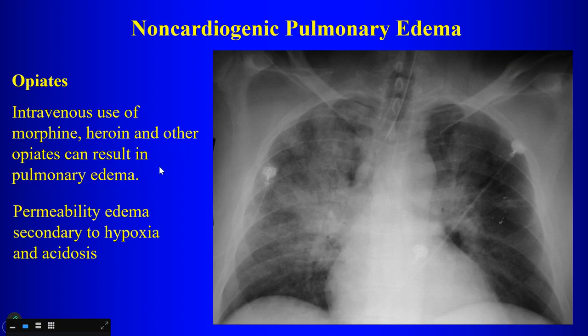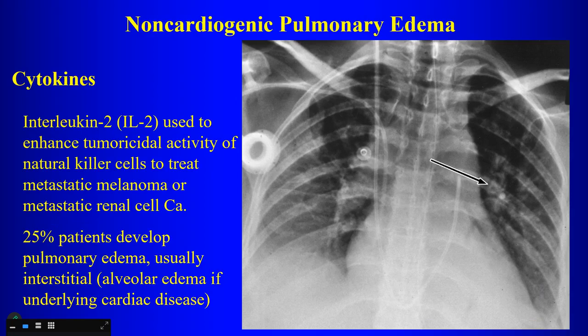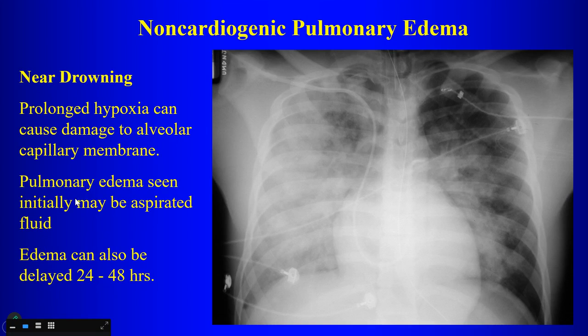Okay. Opiates, we've talked about this also. So opiates, overdosing there can also cause pulmonary edema. It's thought to be permeability edema. Cytokines, drugs, any drugs can result in pulmonary edema. Interleukin-2, 25% of patients develop pulmonary edema, usually interstitial edema.